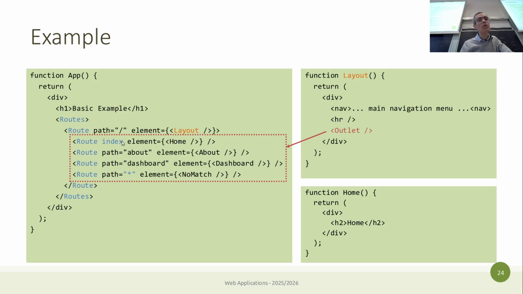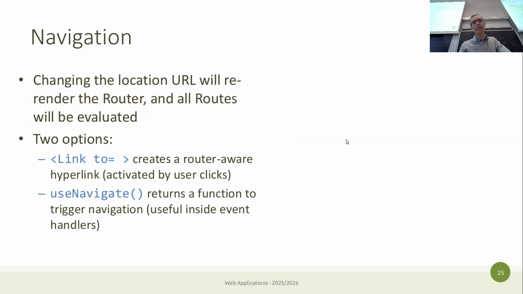Sorry, the slash something will be caught by the no match. So it's slash nothing else, because you might not want to add anything below, not slash slash, because it's not too intuitive. And so here the index matches without the path. And of course the Outlet is still there.